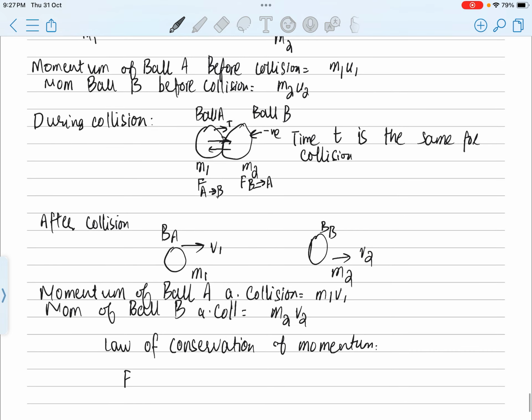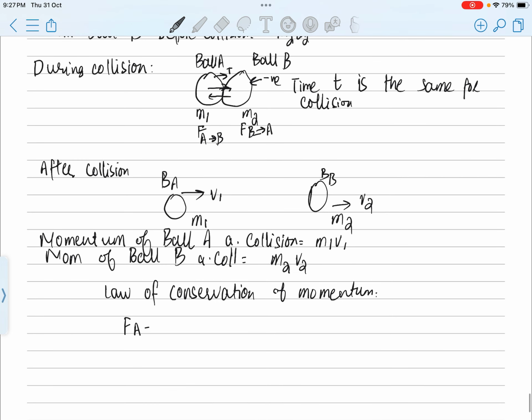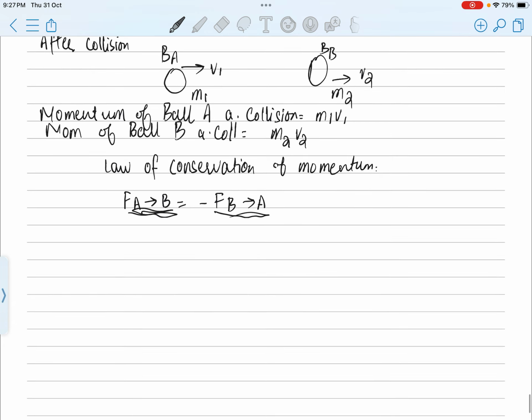We know that FA equals minus FBA, because this force is changing the momentum of ball B, and this force is changing the momentum of ball A. These two forces are equal in magnitude but act in opposite directions and act for the same amount of time. You know that F is the change in momentum over time. Also, this is the change in momentum over time.